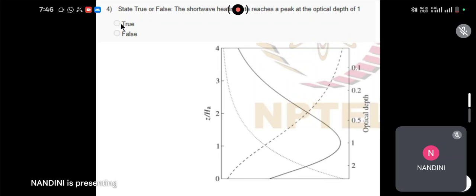No. The shortwave heating rate reaches a peak at an optical depth of 1. So this basically gives you a graph.